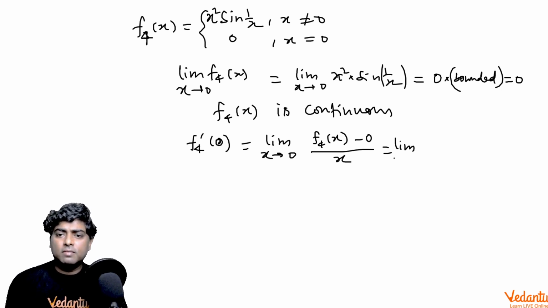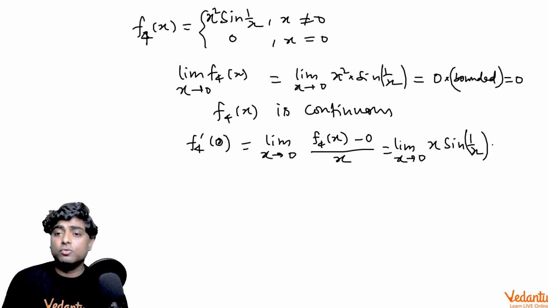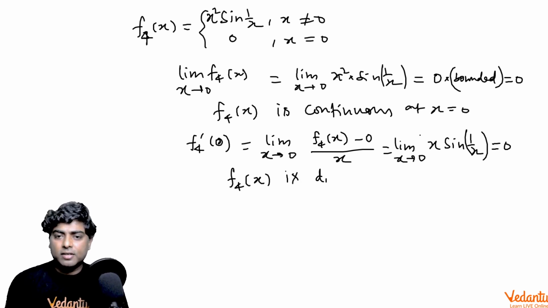If I find this simple limit, again I'll get this, and using the same logic I can say 0 into something bounded between minus 1 and 1 is 0. So function f4 x is definitely differentiable at x equal to 0.